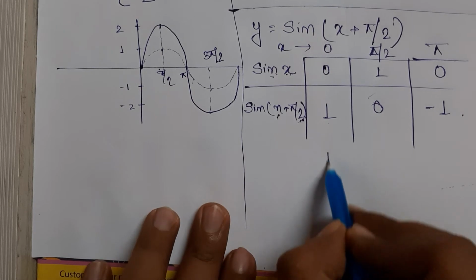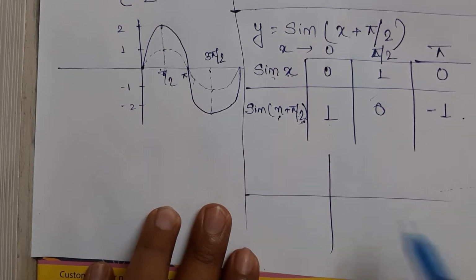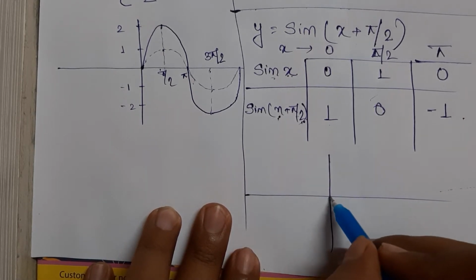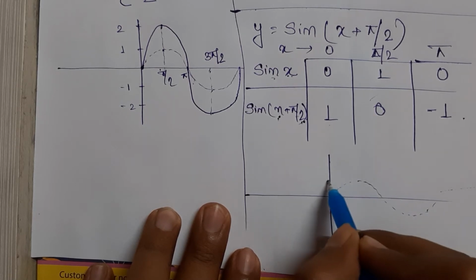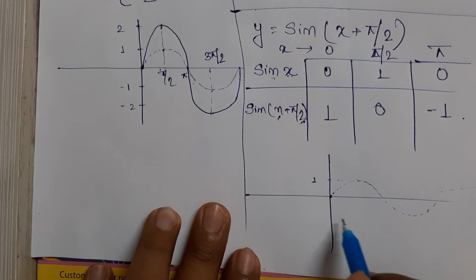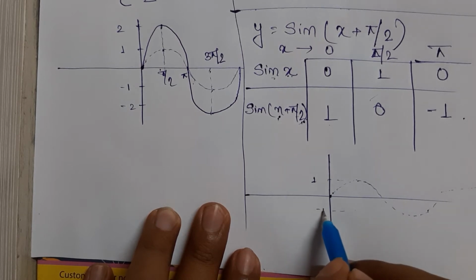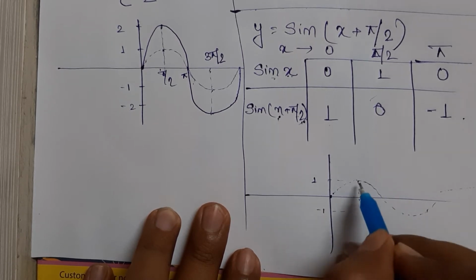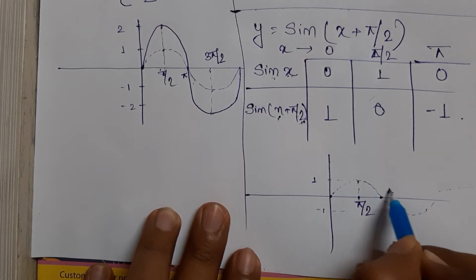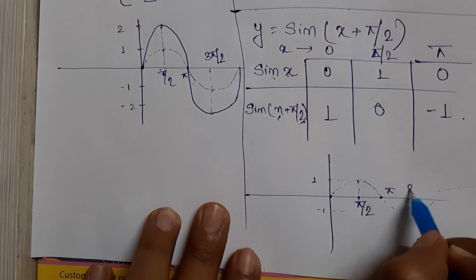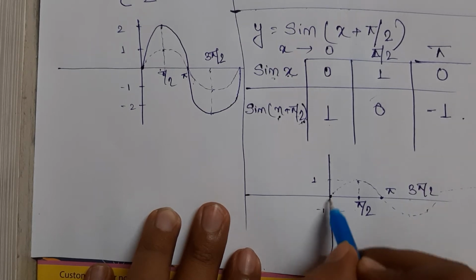So what will be the graph now? The original graph was like this, right? For sin x, the maximum value was 1, the minimum value was minus 1, and this was achieved at pi by 2, this was at pi, this was at 3 pi by 2, right? And this is 0.